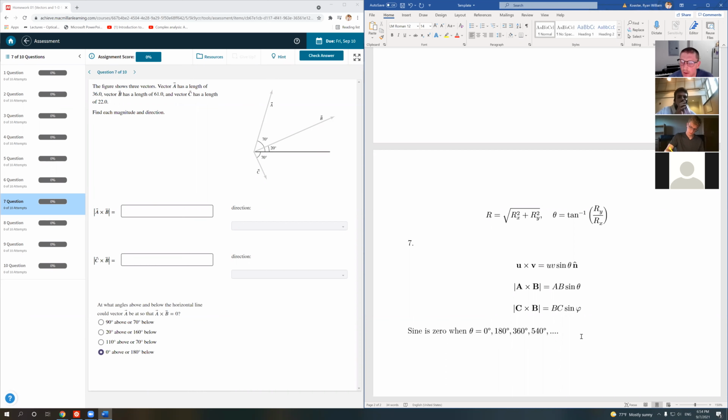Because these two vectors obviously have non-zero magnitudes, the only way their cross product could be 0 is if the sine of the angle between them is 0. Now, sine is 0 at these values. And I think the only two that we really care about are 0 and 180 degrees for this particular situation. Did that help at all?